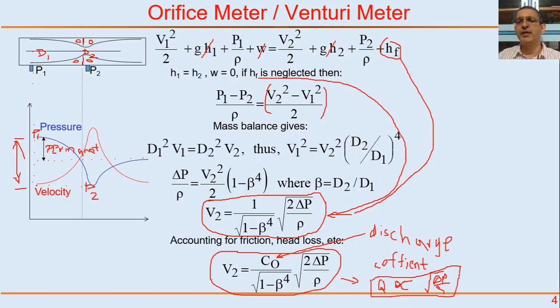Okay, that's how, by measuring delta P across the valve, and if you know the valve coefficient, we can calculate the flow rate through the valve. Same way here, knowing the discharge coefficient of the orifice, coefficient C0, discharge coefficient.